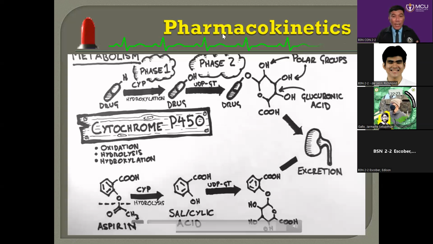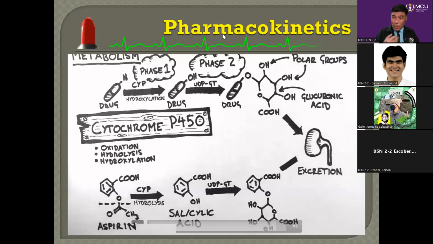So bakit po nagiging yellowish yung mata? Okay, ganito. Ang liver po ay nagpa-facilitate ng regulation of bilirubin. Yung bilirubin po ay bile. At ang bile po is color yellow.